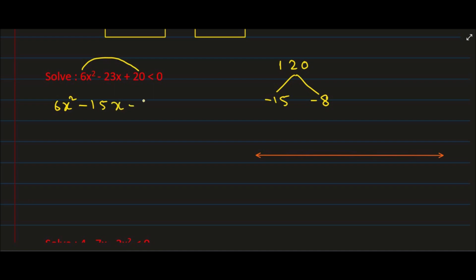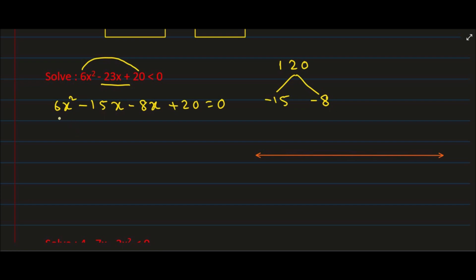Minus 23x is divided into two parts: minus 15x minus 8x plus 20, and that is equal to 0. I am making this an equation first and finding the critical values, and then we will solve the inequality.